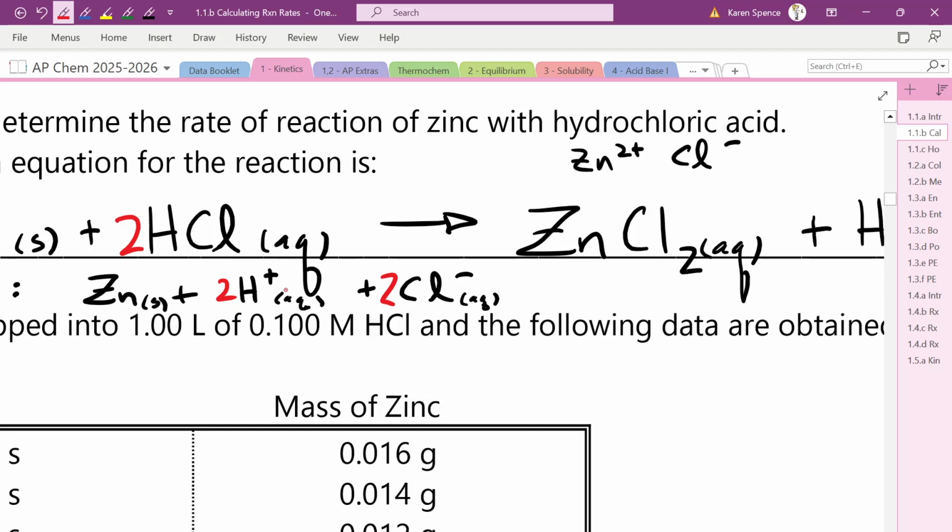Did you remember to put your charges on your ions?